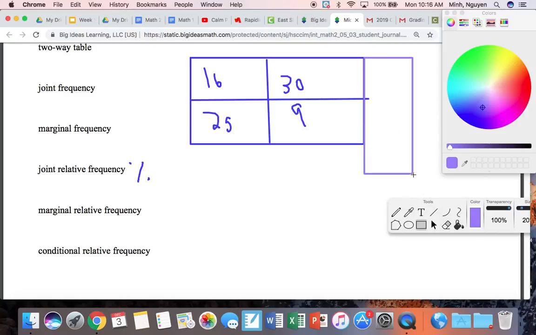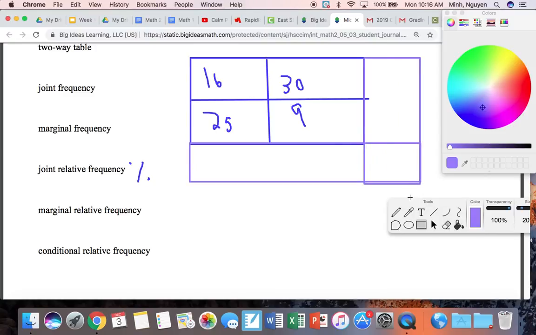So the margins are over here. So the marginal frequency would be like 41, 39, 34, and 46. The joint frequencies are just these blue ones.